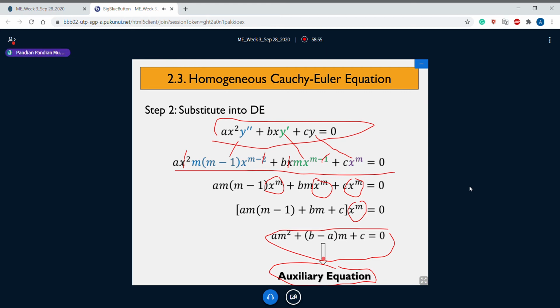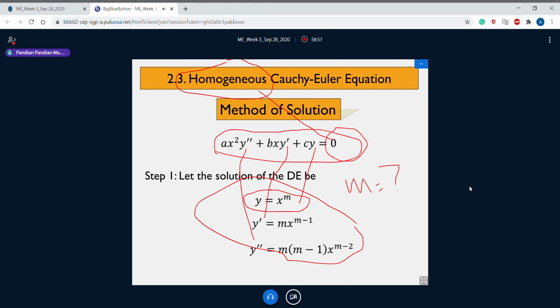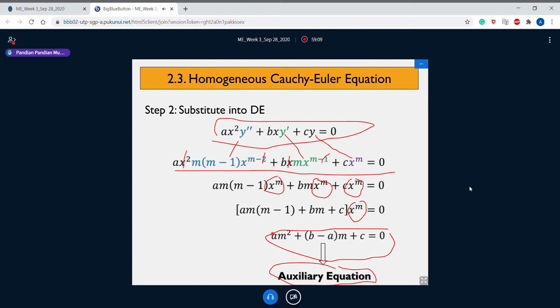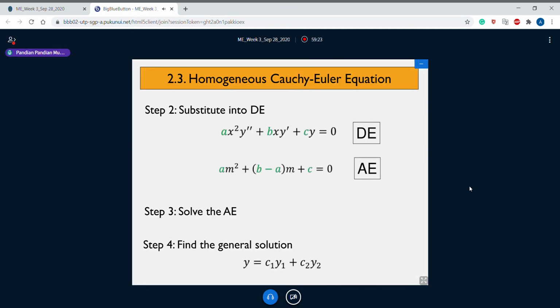So you can straight away, from this equation, identify what a is, what b is, what c is. From here, you can create this equation. And this equation is called AE, the auxiliary equation for Cauchy-Euler, CE.